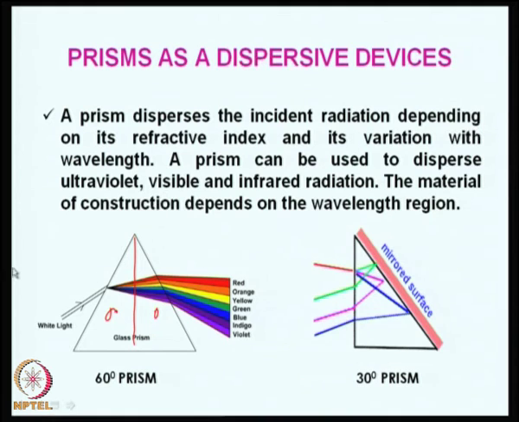So, the light of the desired wavelength comes through like this and then goes out of the prism in the opposite direction. The light is coming inside, hitting the mirrored surface, gets reflected and comes back on the other side. So, this type is known as Cornu mounting, and the 30° prism is known as Littrow mounting.